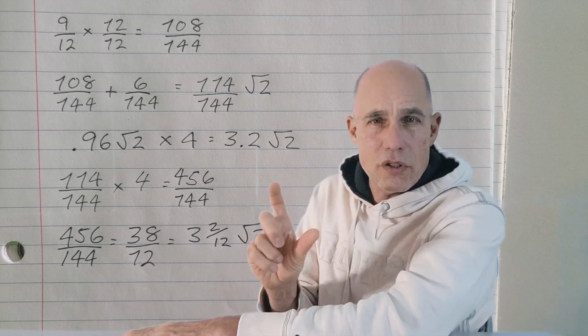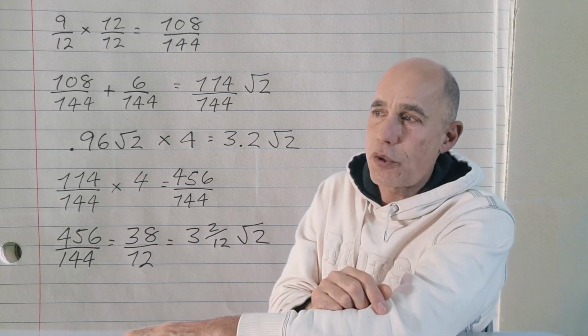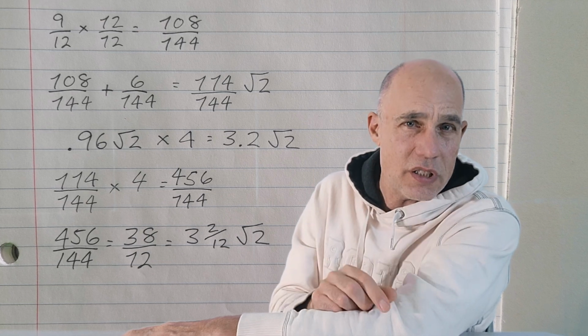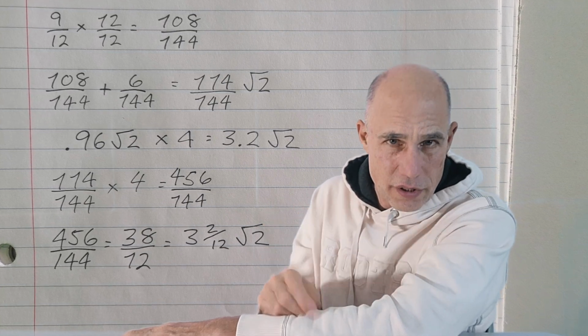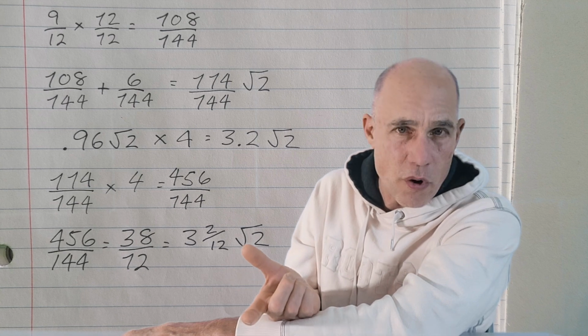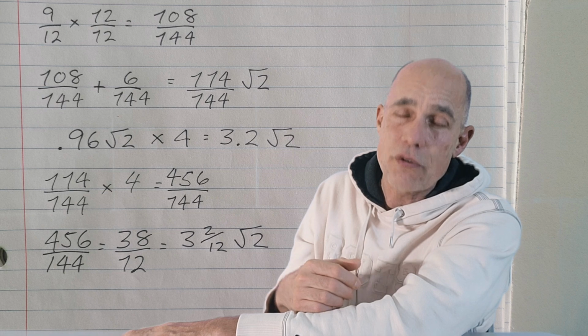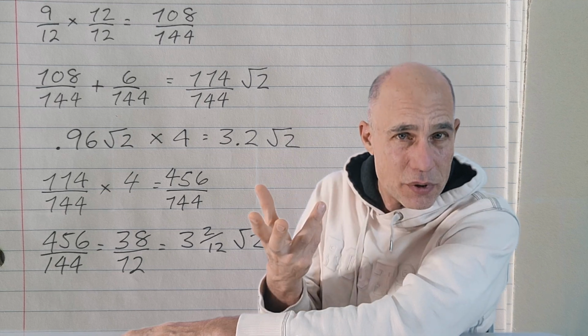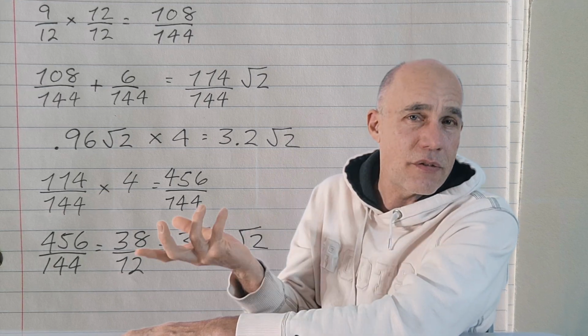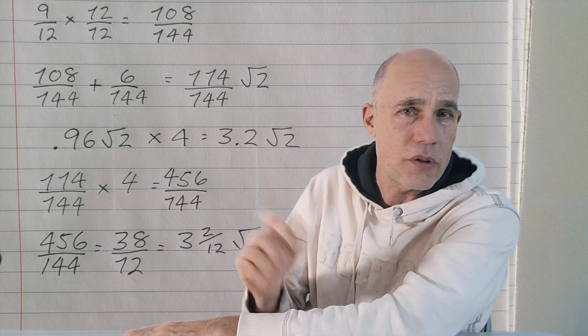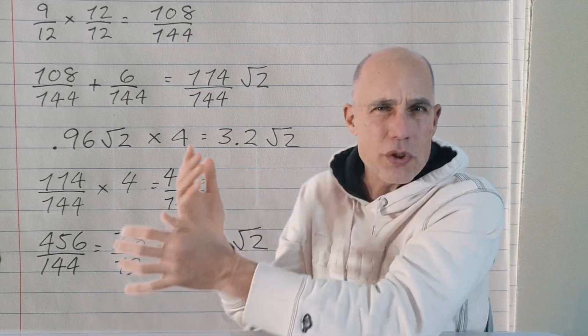And again, you can do the equation there where you multiply 114 times 4, and you divide it by 144, you're going to get 38. So that's 12 goes into 38 3 times, and 2/12 left over. 36, 2/12 left over. Okay, so it's all the same.